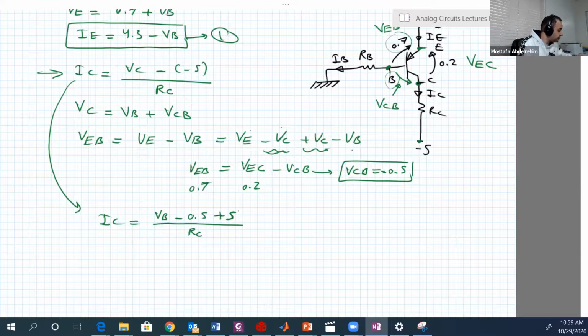I think there is some discrepancy here. This should be plus for some reason. VEC is 0.2, and here is VCB. So this guy plus this guy should be equal to this guy.